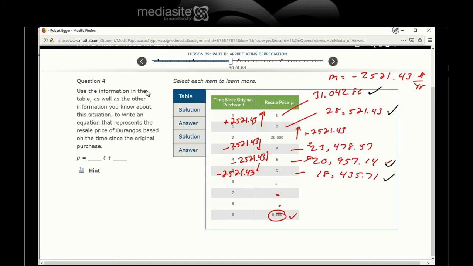Okay, now use the information in the table as well as other information to write an equation for it. All right, so calculated price is going to be something times time. That's going to be your slope, which we have as minus 2521.43. And this is basically going to be the value at time equals 0, or what we call the y-intercept.